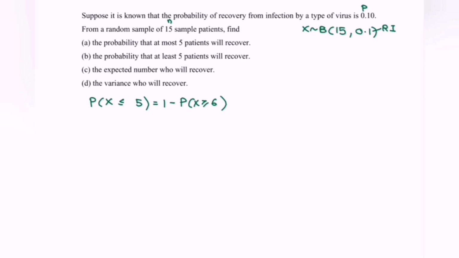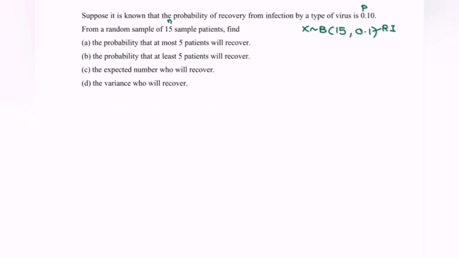Refer to the table with n equal to 15 and the probability of success p equal to 0.1. And we have 1 minus 0.0022. And the probability that X is less than or equal to 5 will be equal to 0.9978.